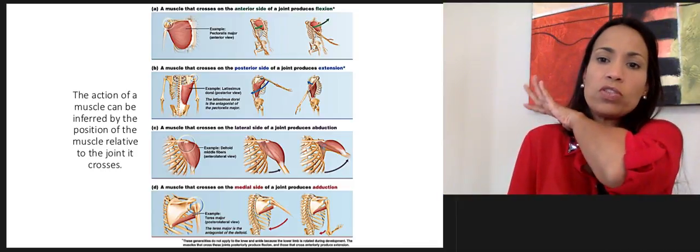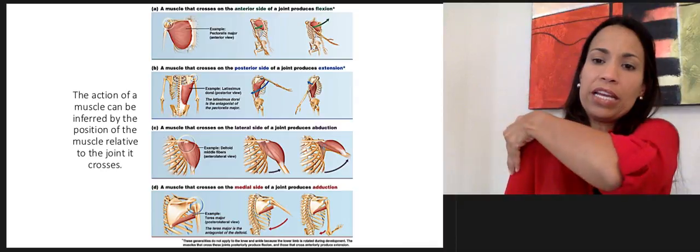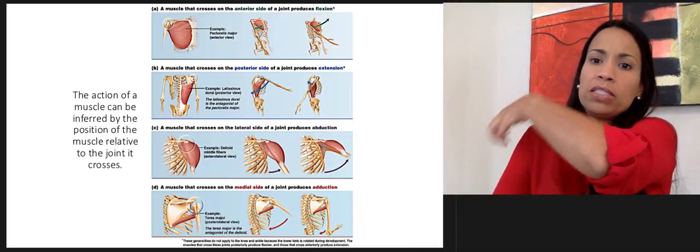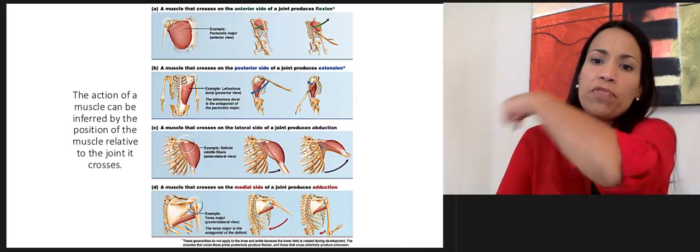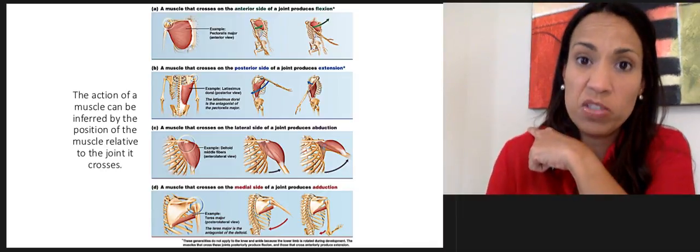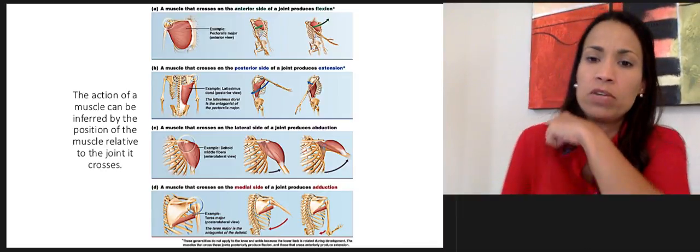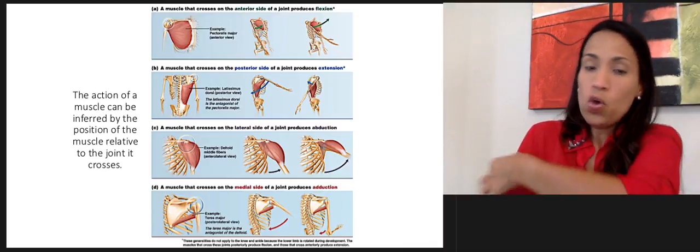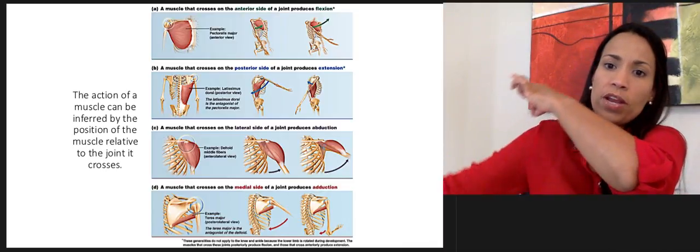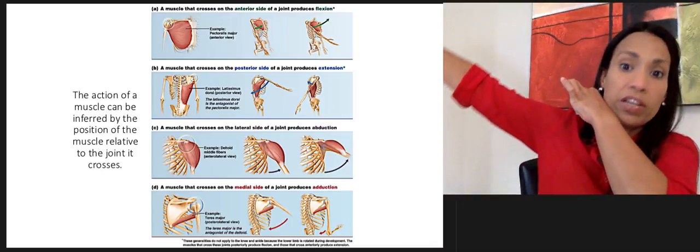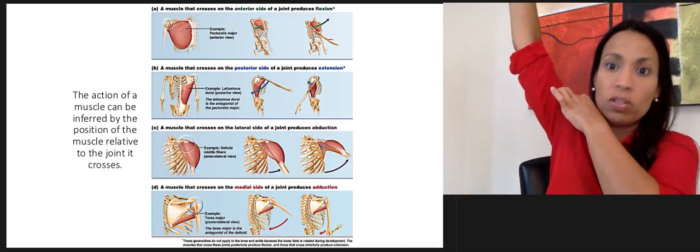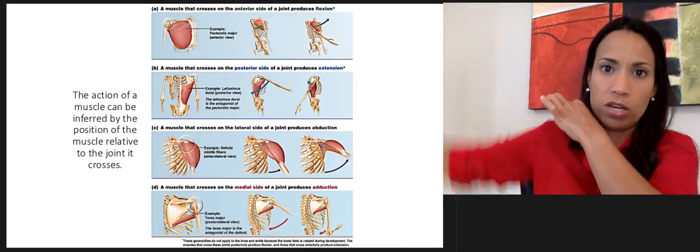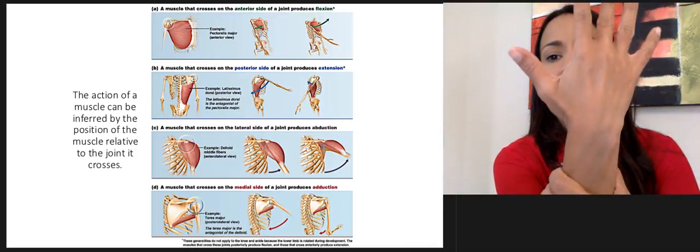If it crosses the joint superiorly and laterally, imagine that I have a string from any part of your scapula or clavicle to the lateral aspect of the humerus. When I pull, let's pull the string. What are you doing? You're lifting the arm, and this movement is called abduction, right? Same thing in your wrist.